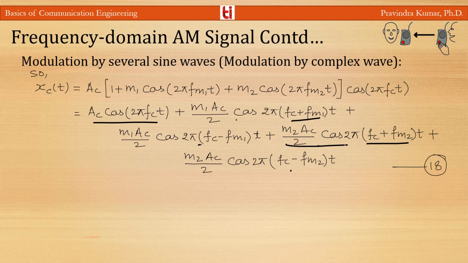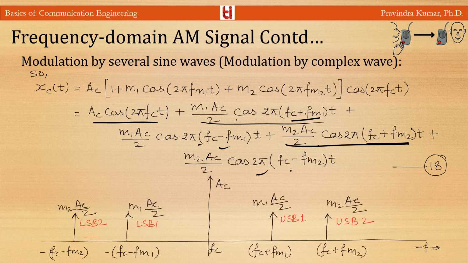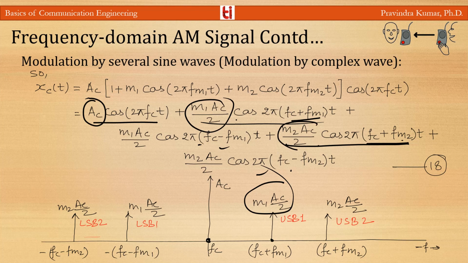These two are the upper sidebands, and the other two are the lower sideband components at frequencies fc − fm1 and fc − fm2. In the single-sided frequency spectrum of the AM wave, this is fc at carrier amplitude Ac, this is fc + fm1 at amplitude m1 Ac/2, and another is fc + fm2 with the amplitude m2 Ac/2.